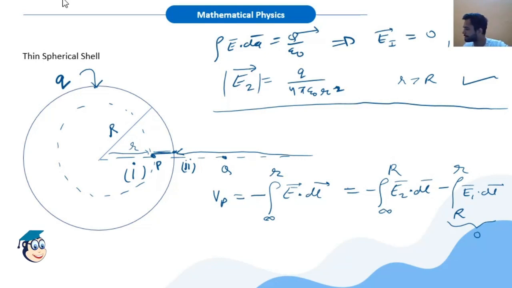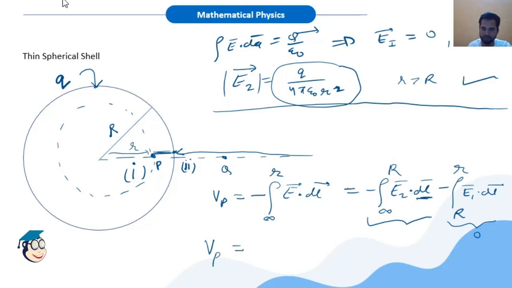Okay, so we will be left with only this quantity, and you know the electric field, and you know how to integrate. So dl will become equal to dr. In this simple case dl will become equal to dr. So potential, you can easily integrate this. I'm assuming you can easily integrate, and you will be left with Q divided by 4 pi epsilon naught capital R.